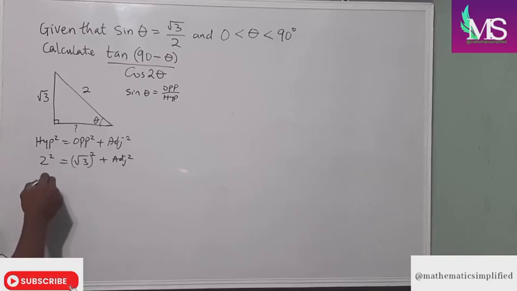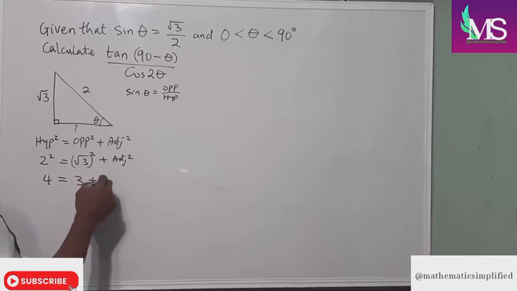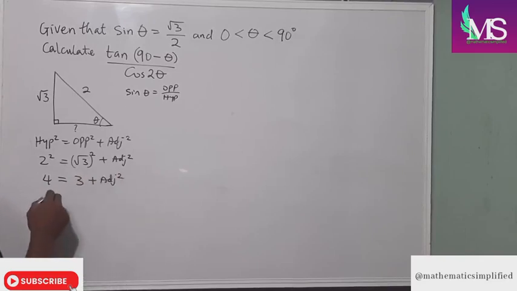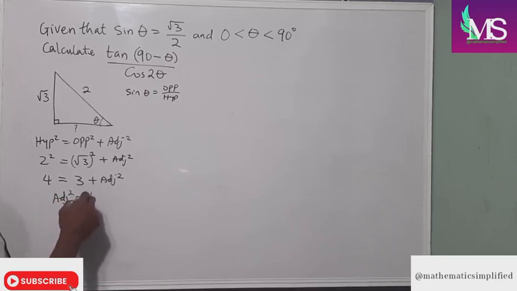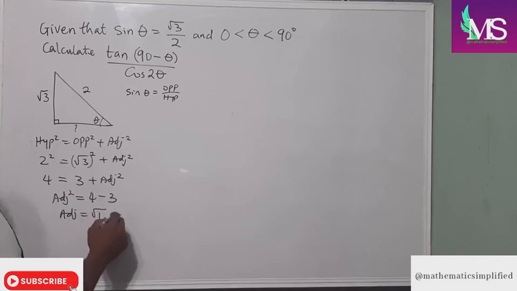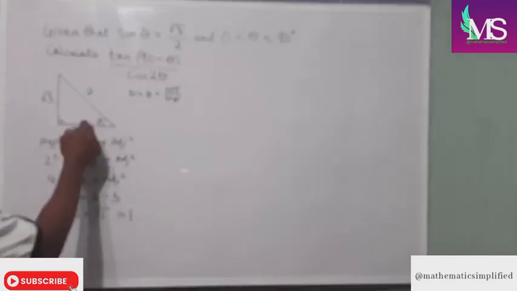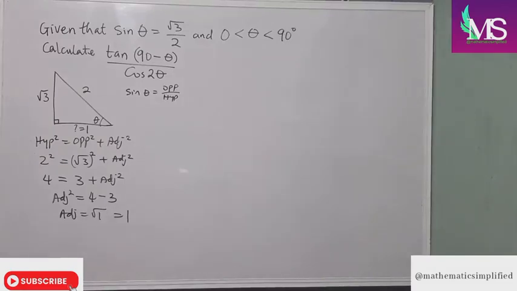So 4 equals 3 plus adjacent squared. So our adjacent squared will become 4 minus 3. So adjacent equals root 1, which is 1. So our adjacent is equal to 1.